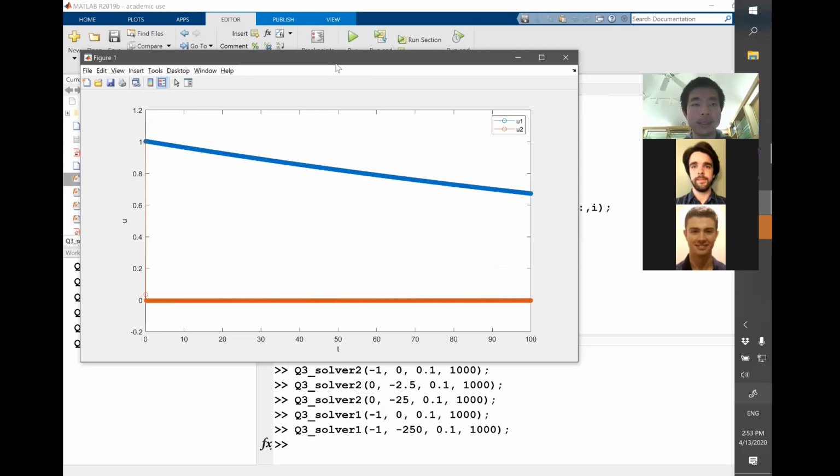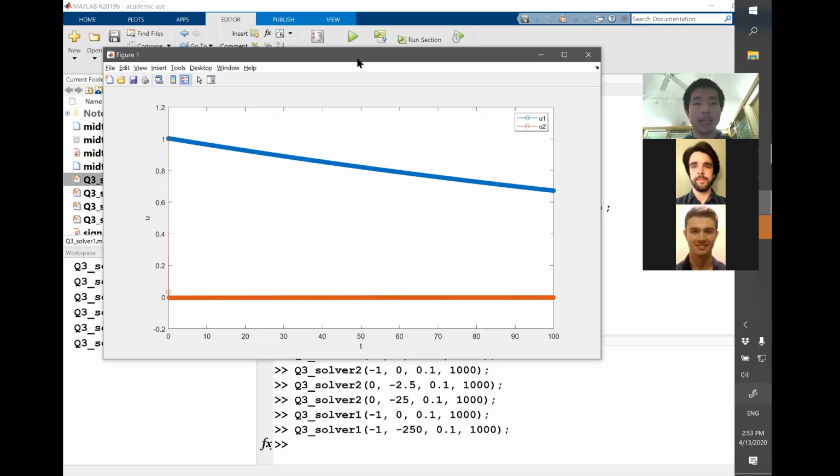So this is why a stiff system really calls for an implicit time integration scheme. Because imagine if you have to stick to a time step of 0.001, then even to get to this point would require 100,000 time steps. And to really see the complete decay of the blue line, you probably have to use more than 1,000,000 time steps.